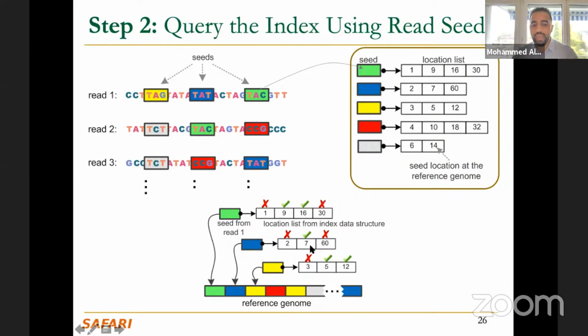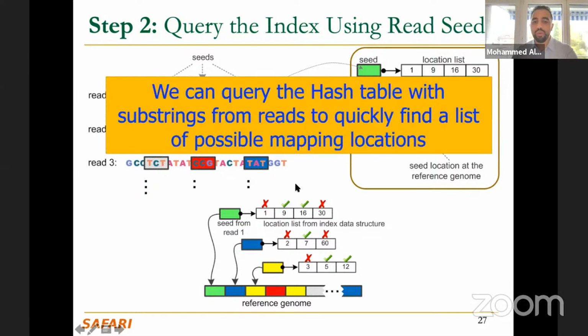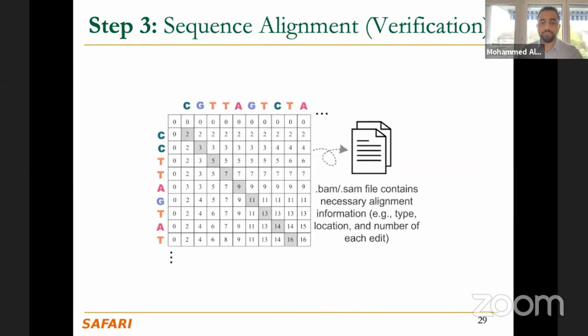So at 5, we have a good hit for this read. We extract the subsequence starting from location 5 all the way to, for example, 100 locations if the read length is 100. And then we do another process to compare these two sequences. So we can query the hash table with the substrings from the read to quickly find a possible mapping location.